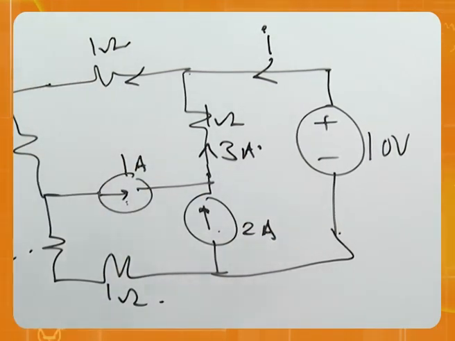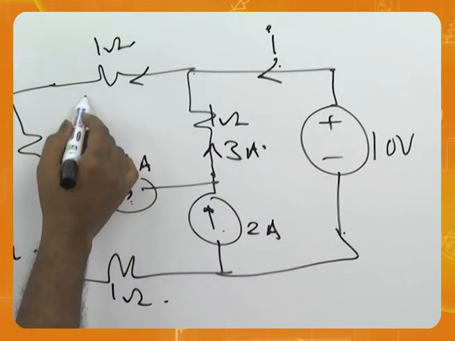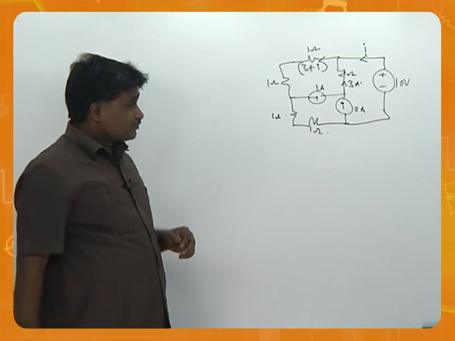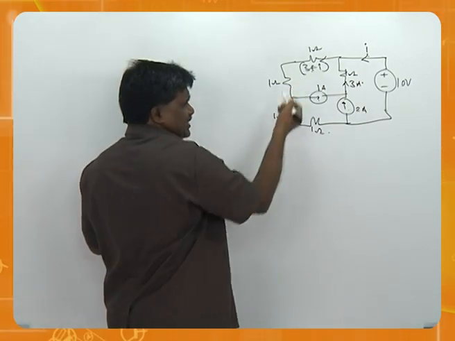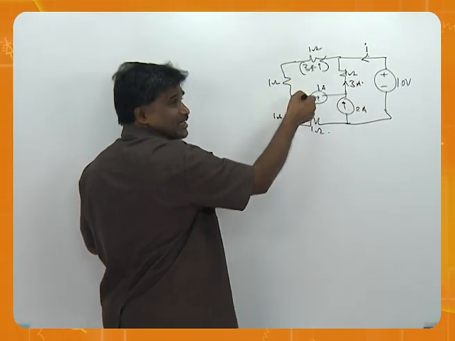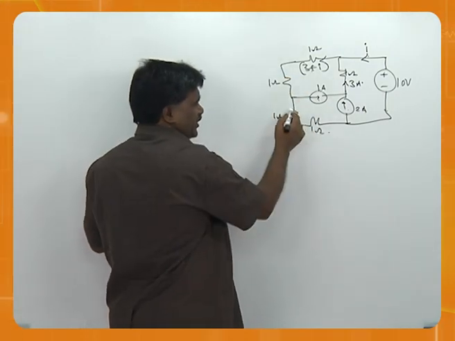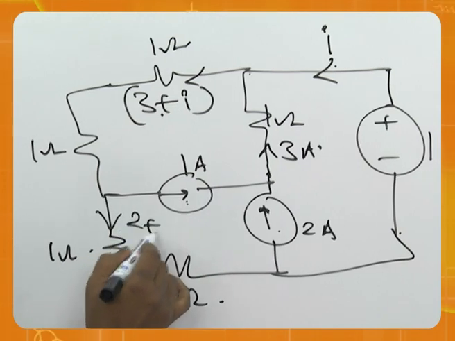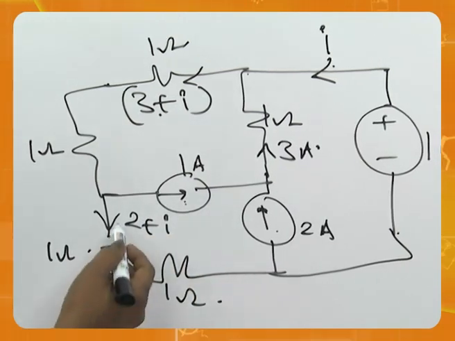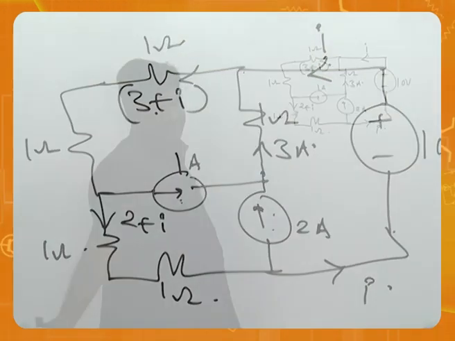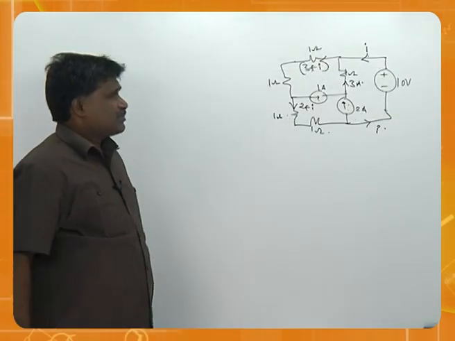Then how much would be this? 3 here and I there, so it is 3 plus I. That's the current, since they are in series. In series, there is no current division. Then there comes 1 here. If 1 is going there, you have 2 plus I here. And 2 plus I is here, 2 is here. How much will come back? I will come back. So that's the beauty of assumptions.